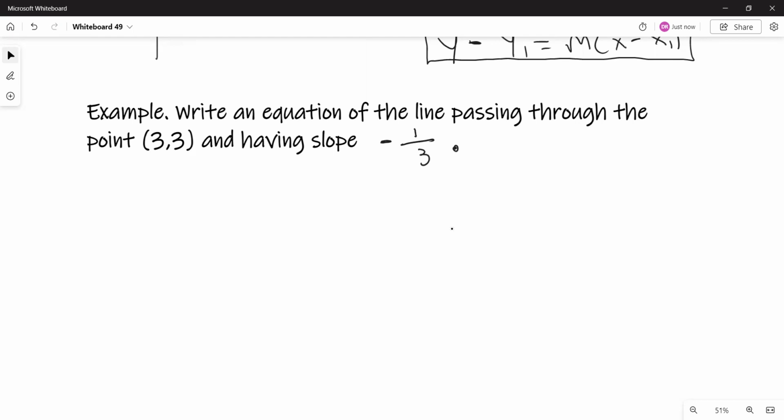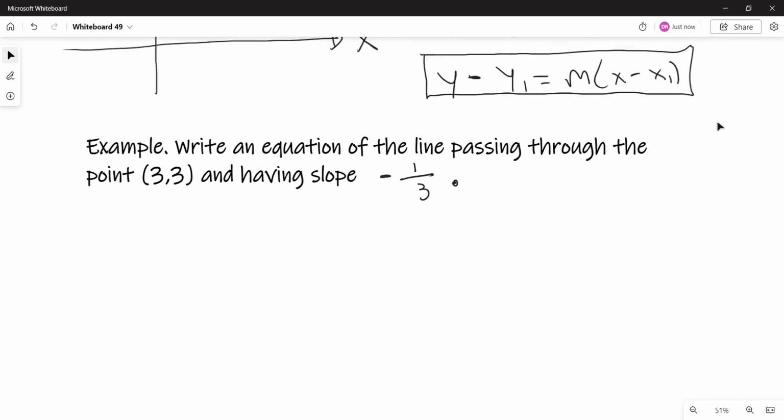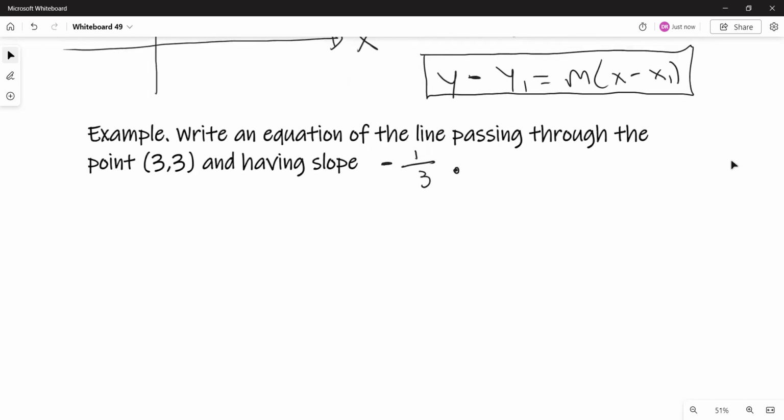Okay, so if you want, you can use the point-slope form that we see above, or the slope-intercept form is enough. The slope is negative 1/3. And we can just use the slope-intercept form.